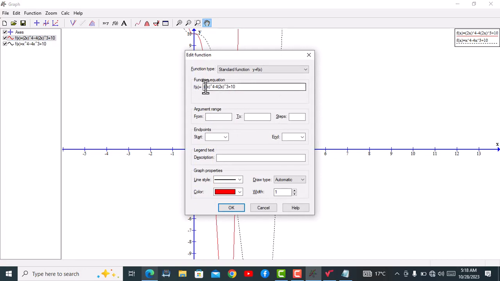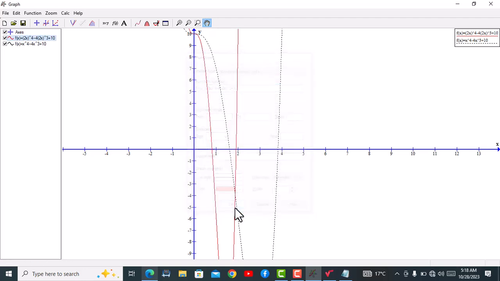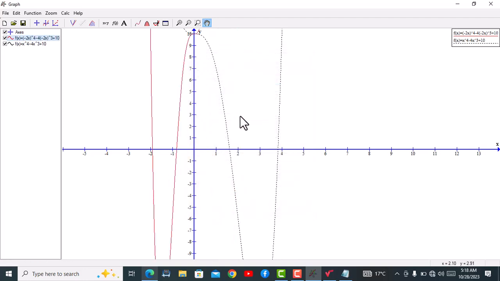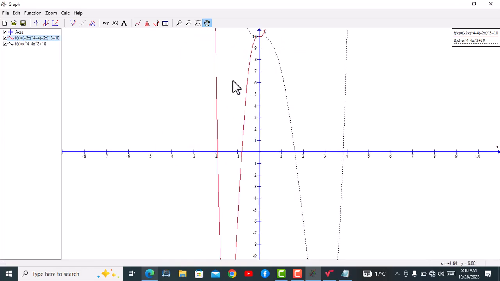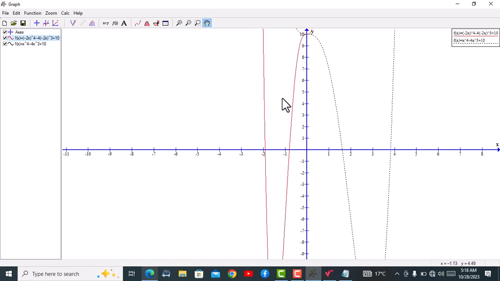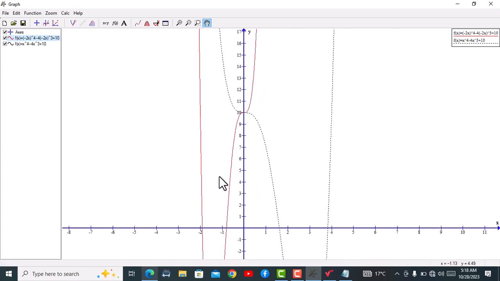Right, from there in here, now let me reflect along the y-axis. Only the value of x changes the sign. So I'm going to put a minus, and this is what we have. Now it has been reflected along the y-axis. Is it true that it was reflected along the y-axis? I want you to notice something.